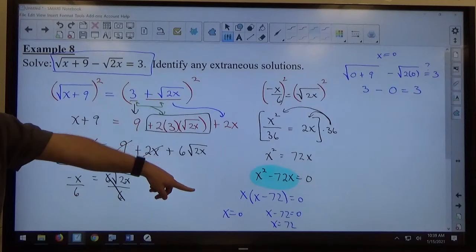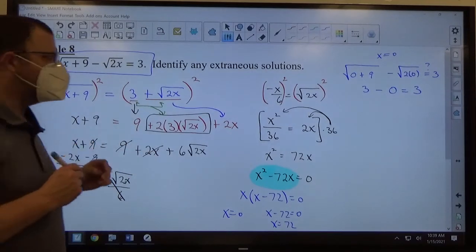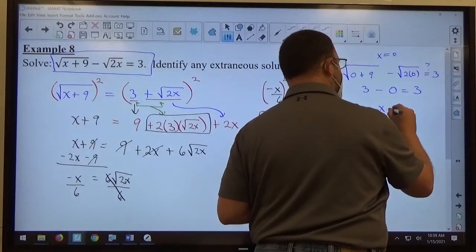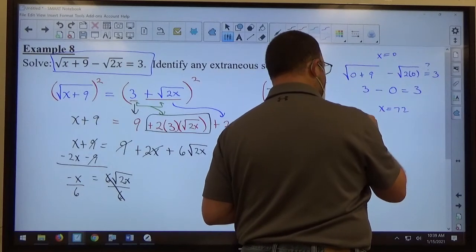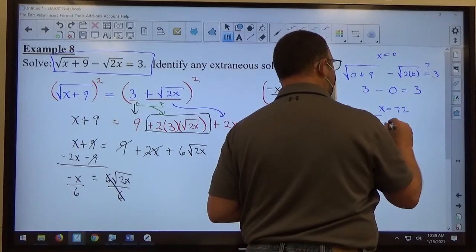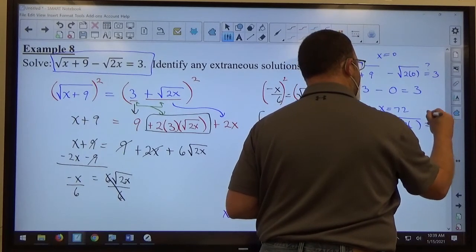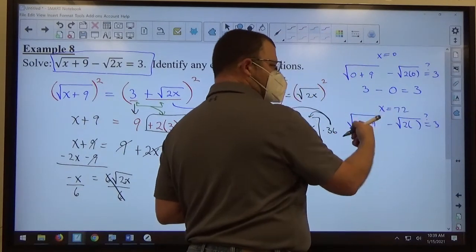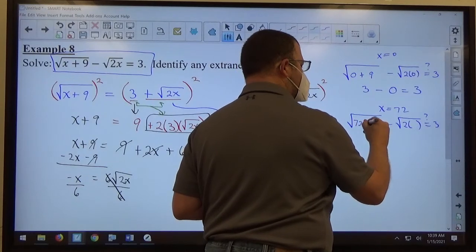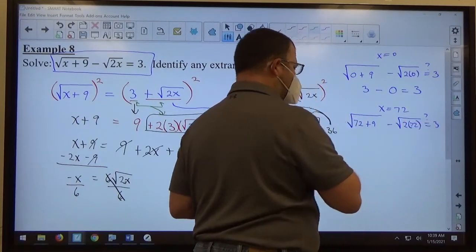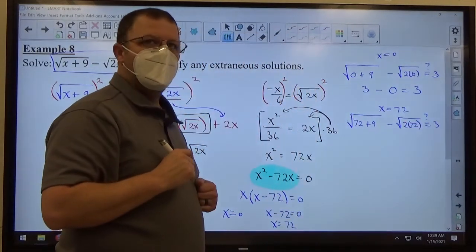My other candidate answer is positive 72. So again, I'm trying x equals 72. My structure is the square root of x plus 9 minus the square root of 2 times x is supposed to equal 3, maybe. We're replacing the x's with the number 72, so 72 goes here, 72 goes there. What's 72 plus 9? 81.